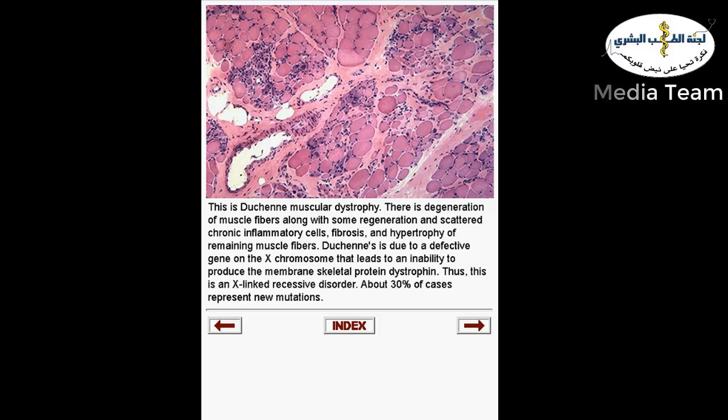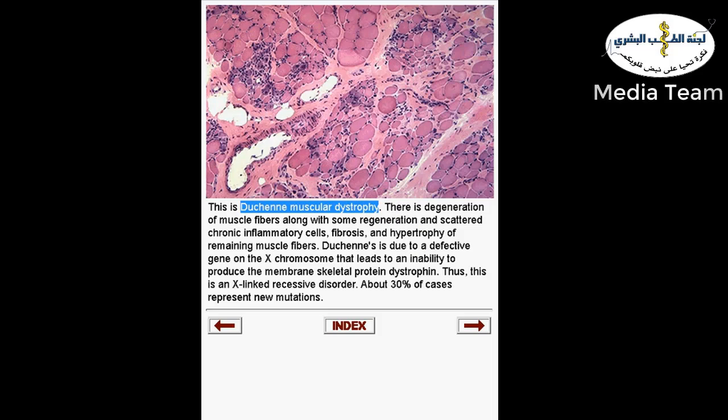We have two most common ones, and you have to know only the commonest at your stage. The most common muscular dystrophy is called Duchenne muscular dystrophy, and we are also going to cover Becker's muscular dystrophy. So Duchenne and Becker's. This is a microscopic picture from a patient with Duchenne muscular dystrophy.